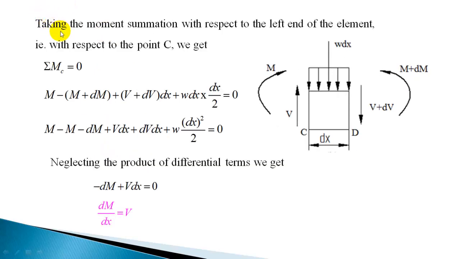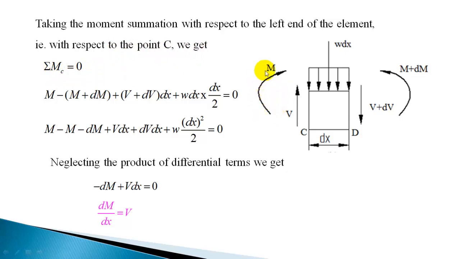Now to get a relationship between bending moment and shear force, we'll take the moment summation with respect to the left face of that element. So this element is subjected to distributed load of intensity W. Let us take it as point C. With respect to point C, if you take the moment summation, sigma Mc is equal to 0.